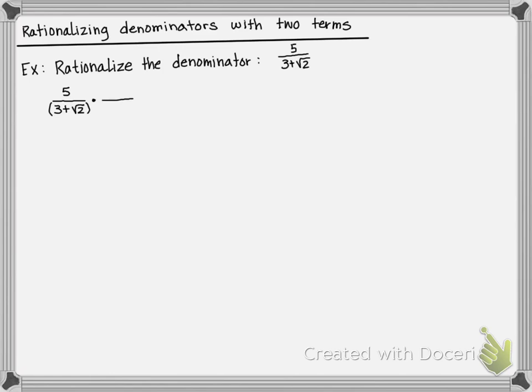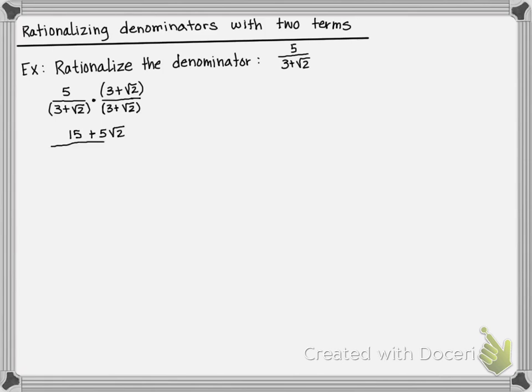Okay, let's try that. So 3 plus the square root of 2. So that would give me 15 plus 5 times the square root of 2.